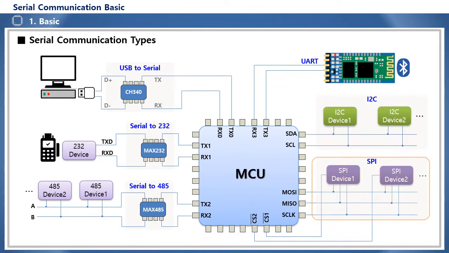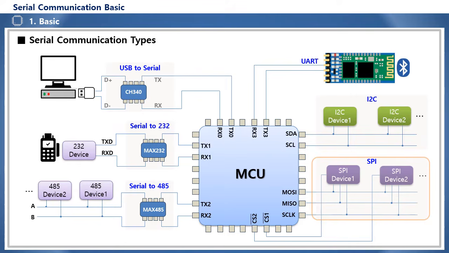SPI, or Serial Peripheral Interface, is a method for communicating with MCUs and SPI-supported sensors or SD cards. SPI communication requires 4 pins, MOSI and MISO for transmission and reception, SCLK for clock, and CS for device selection.